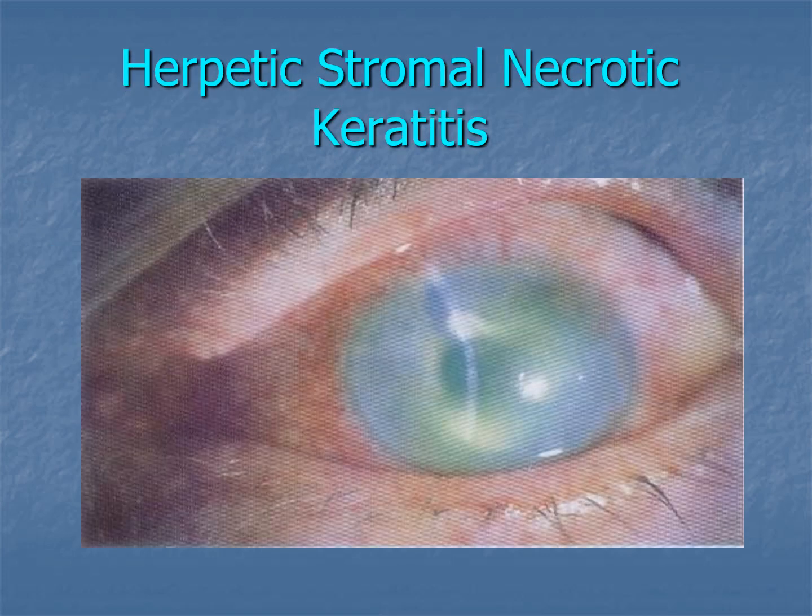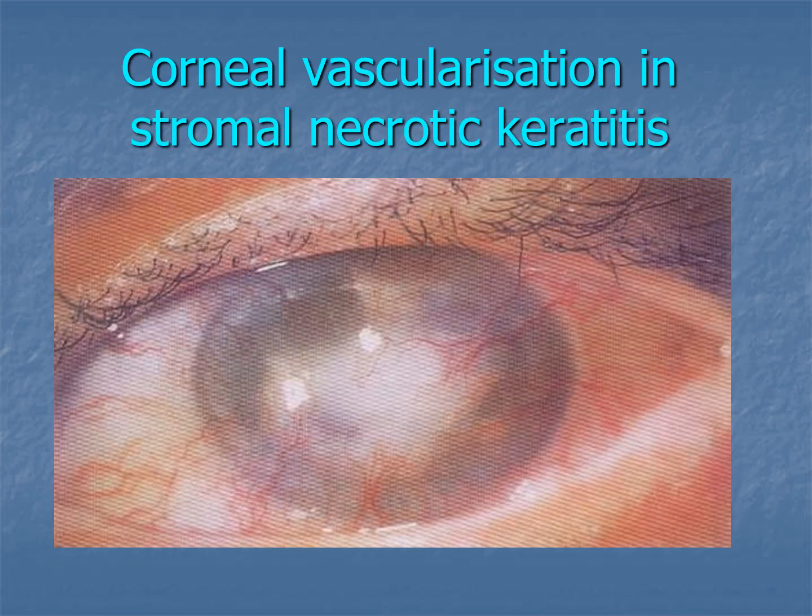In this picture, you can appreciate the cheesy necrotic substantia propria causing total haze of the cornea. Here you can appreciate a vascularized corneal lesion ultimately healed with opacity and vascularization in a case of stromal necrotic keratitis.